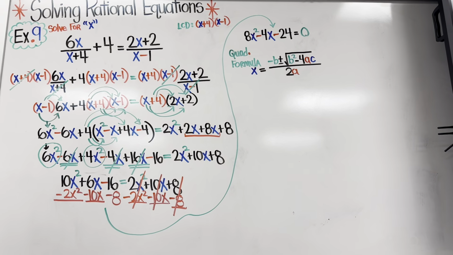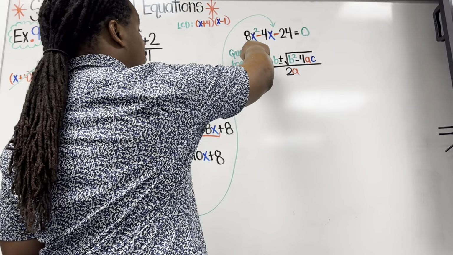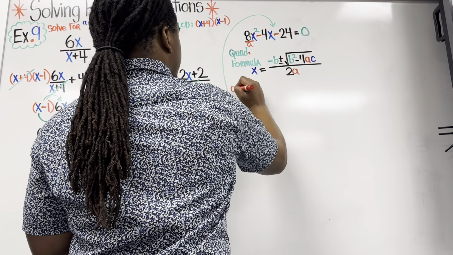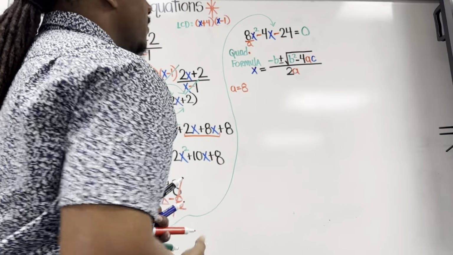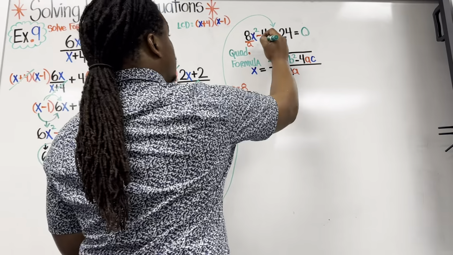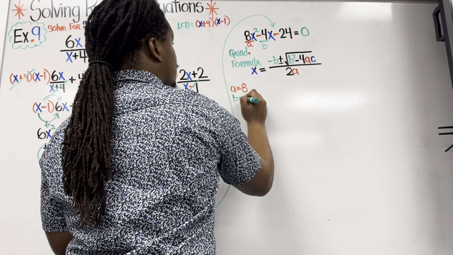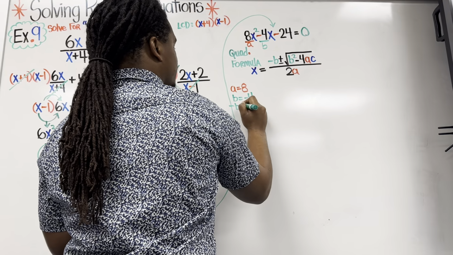Now, a is the coefficient in front of x squared, which is 8. So I'm going to make a little key here. A is 8. B is the coefficient in front of x to the first power, which is -4. If b is -4, then negative b is +4.